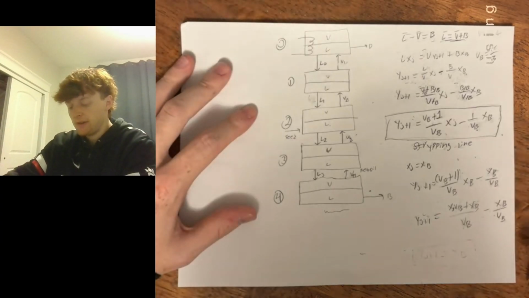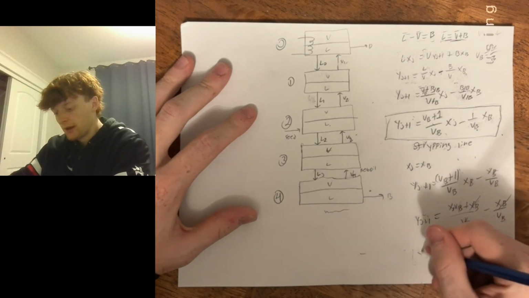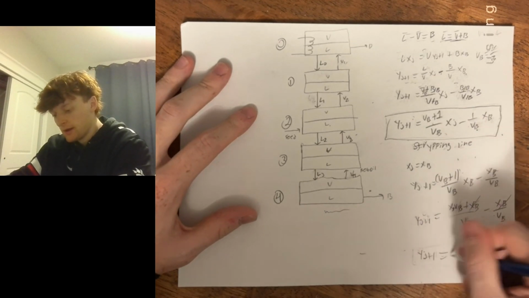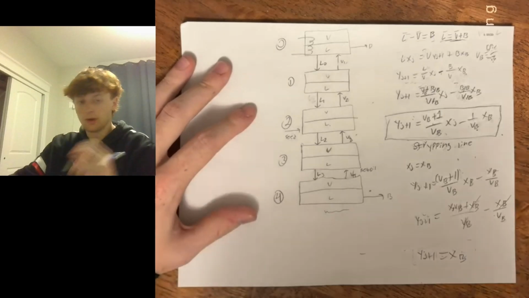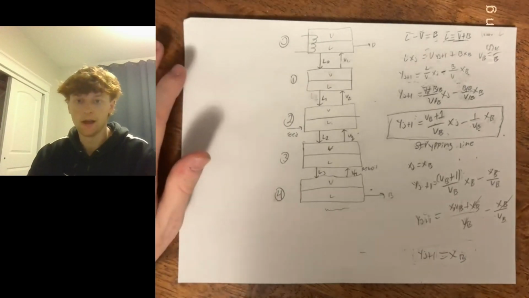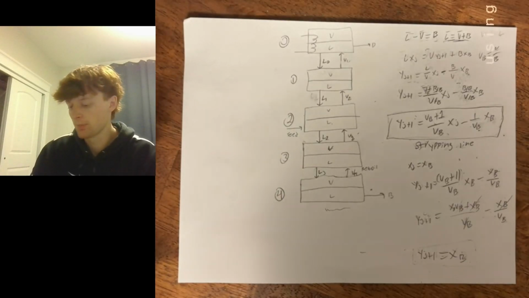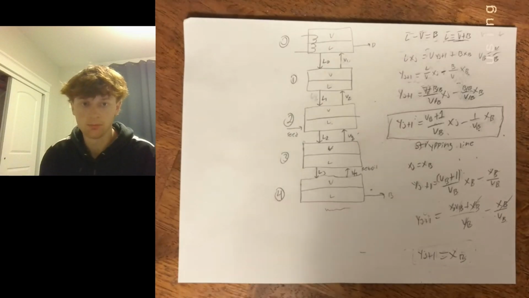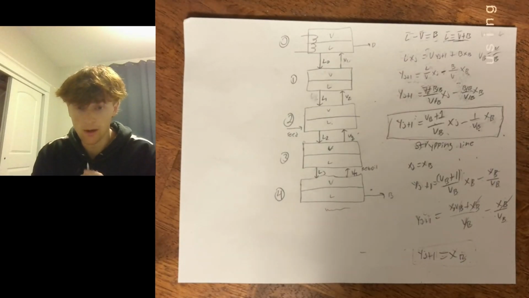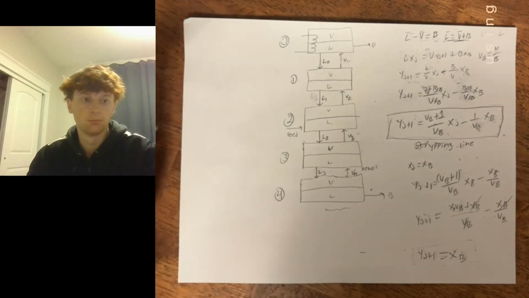Then we can combine these, and we can see that these will cancel out, and we're left with y j plus 1 equals xB. So right there, we can see that this ends up being y equals x, and that is the reason why it will start on the 45-degree line. So that is how the stripping line is derived for the McCabe diagram, or graph.